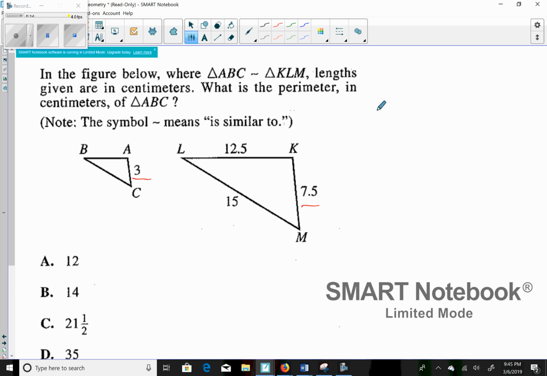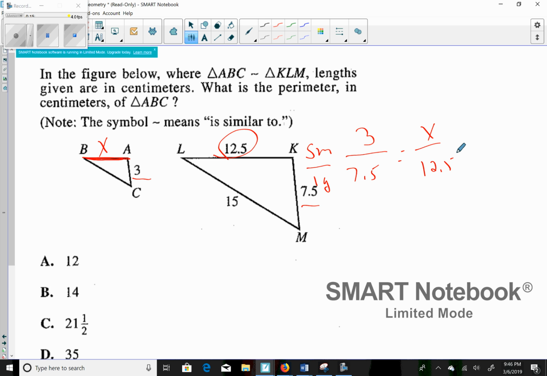So I'm going to set up a ratio of 3 to 7.5. Then if I want to find, let's say, this side here, I'm going to compare it to 12.5. When my ratio, the smaller triangle's on top, the larger triangle's on bottom. So we'll call this x for the time being, so I'm going to have x over 12.5.